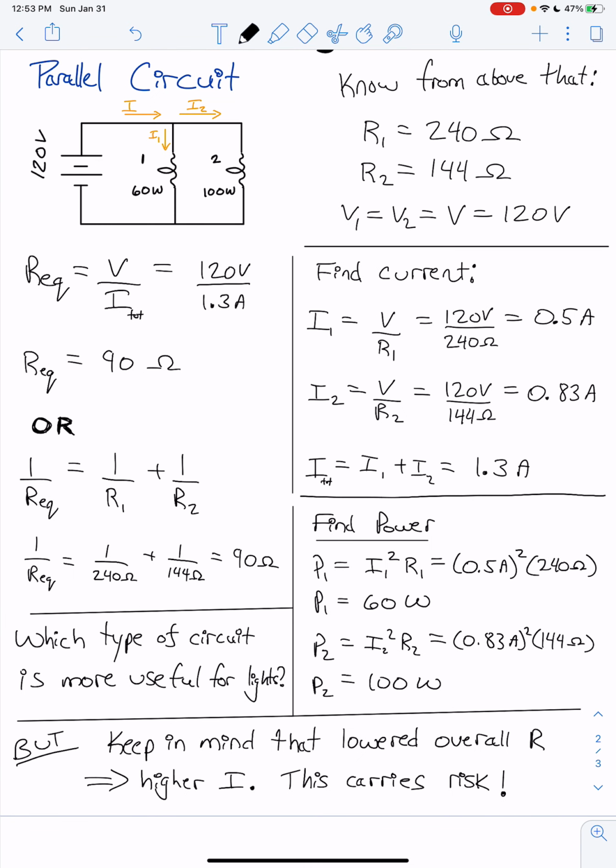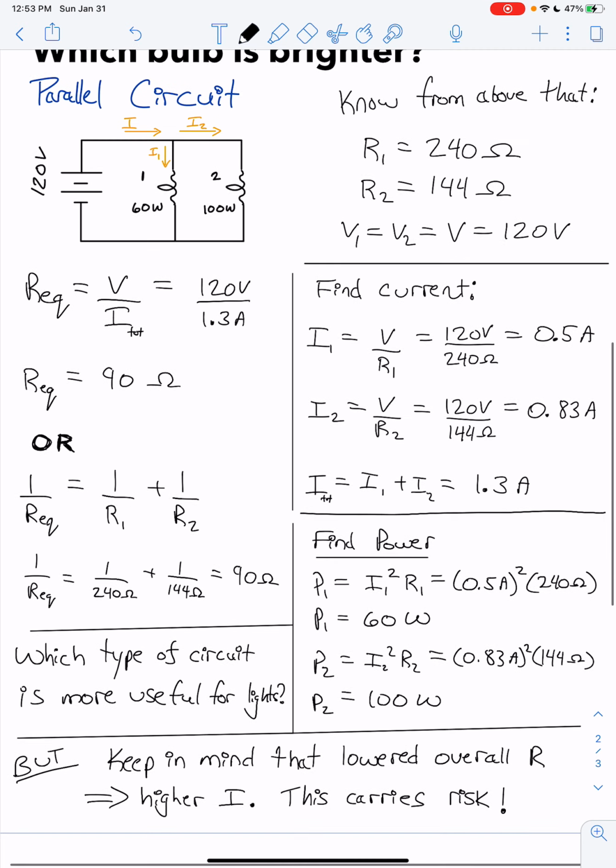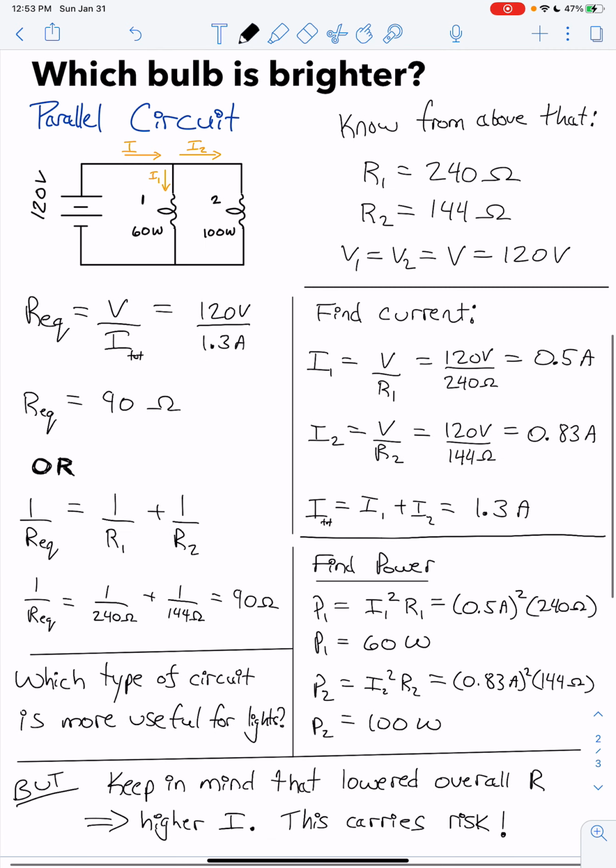Eventually, you're going to have such high current, such low resistance, that the current may actually overwhelm the wires and the materials that are being used, and the likely outcome there is a fire or things melting. That's probably not what we want.